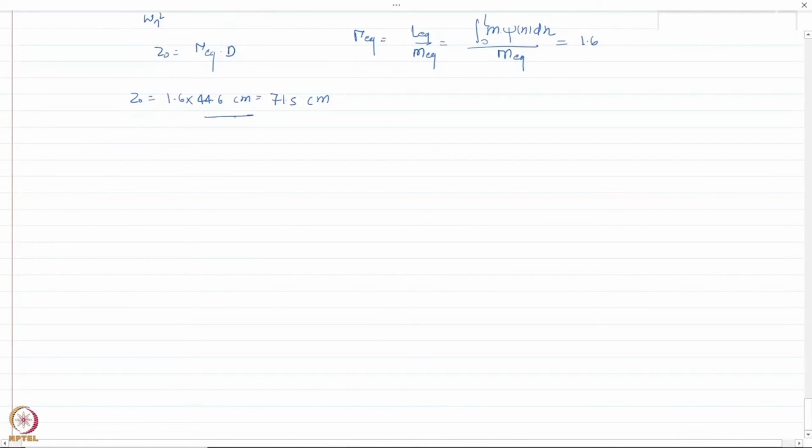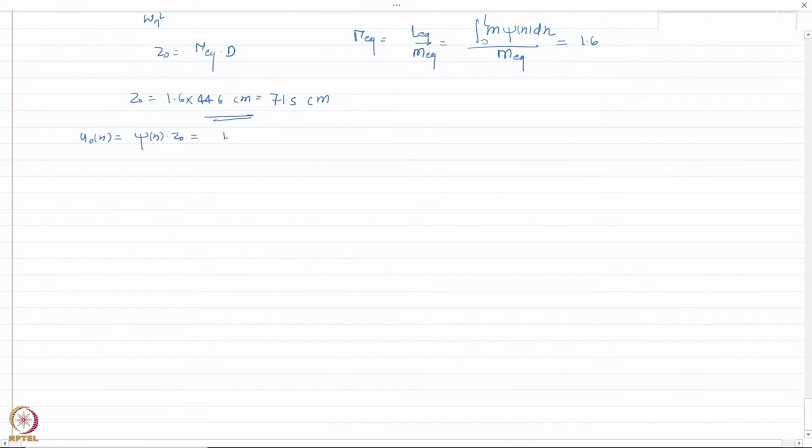So this is the peak value of the generalized coordinate. My actual displacement, which represents the deformation as a function of location x, can be found out as phi x times z naught.